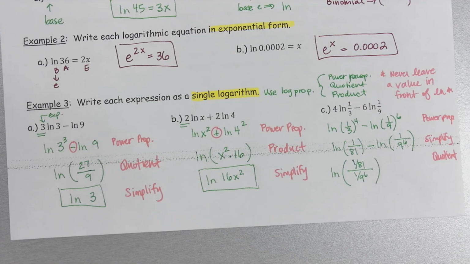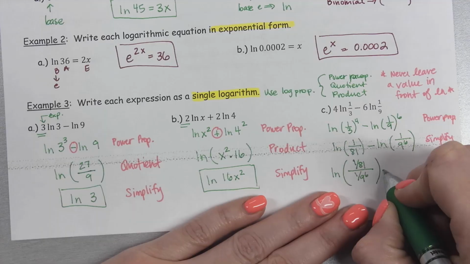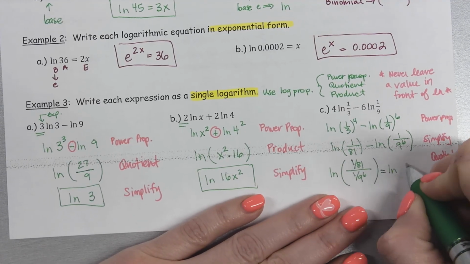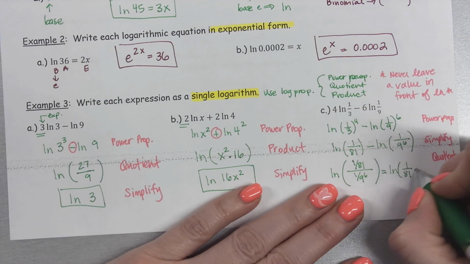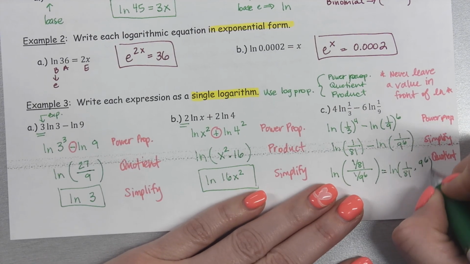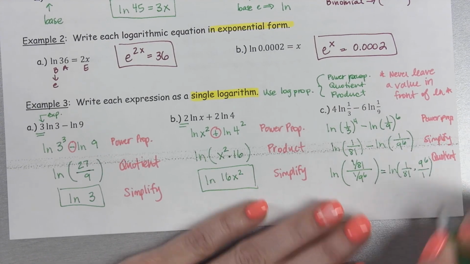So let's see if we can write that out. Sometimes just rewriting it visually can really help you connect some of these steps. So you would just flip that.